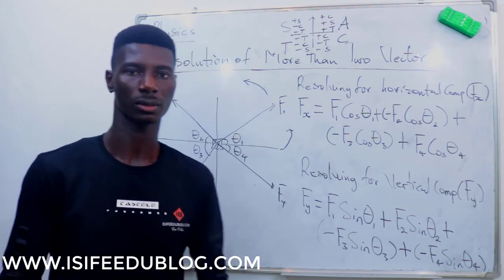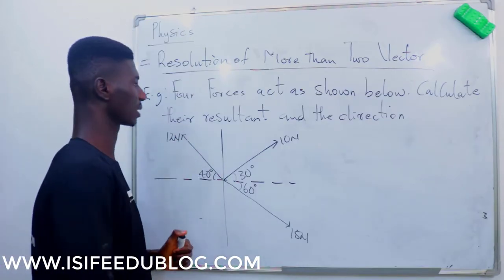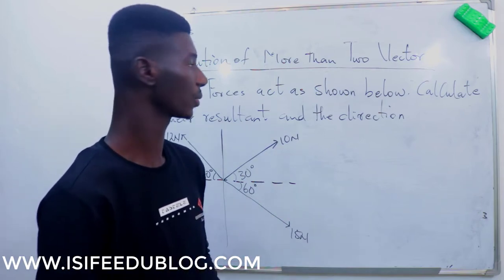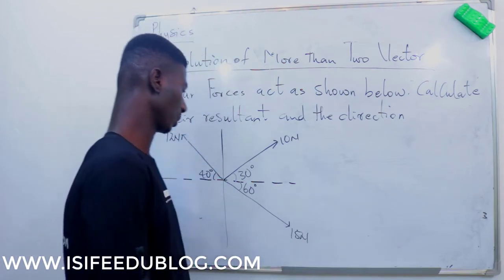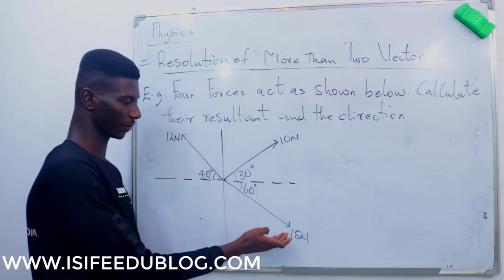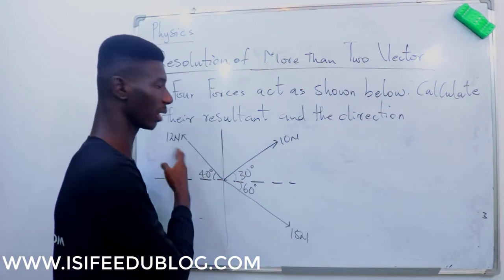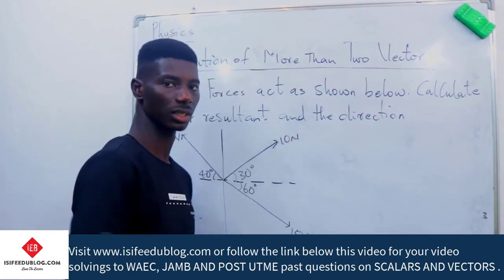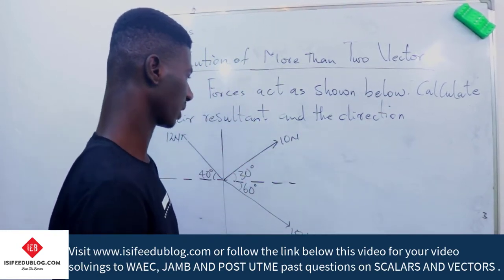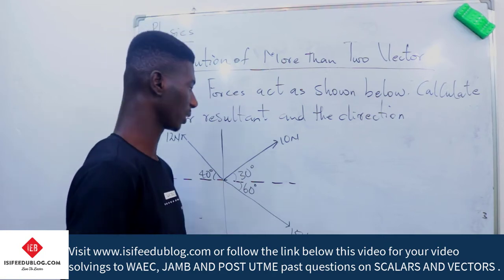Over to the question. Now we have an example here. We are going to use this example to explain the formulas and how to apply them. We have more than 2 vectors here. We have 1, 2, and 3. What we are going to do now is resolve these vectors into 2 components, the vertical and the horizontal components.